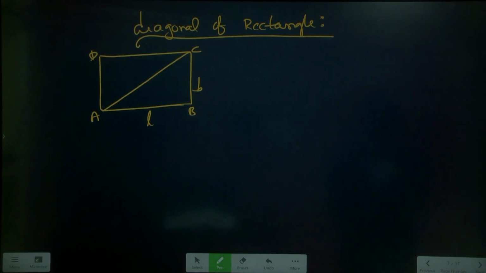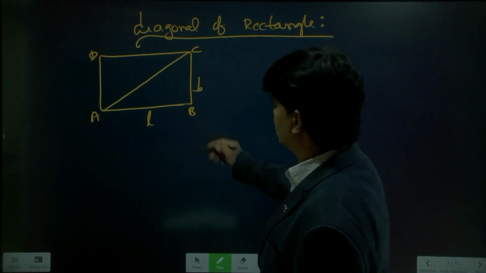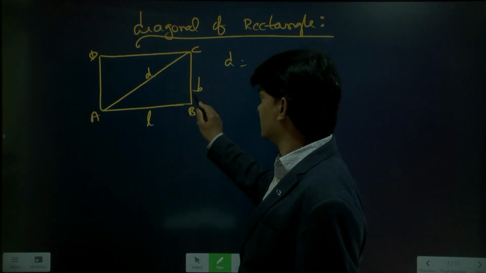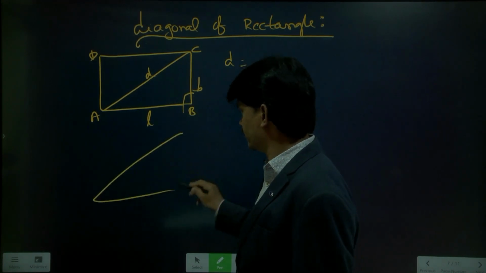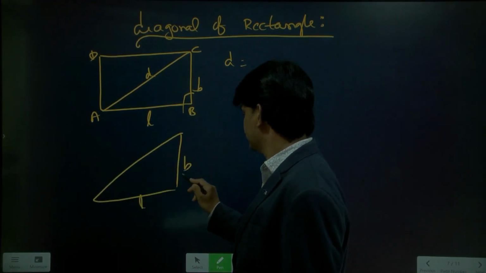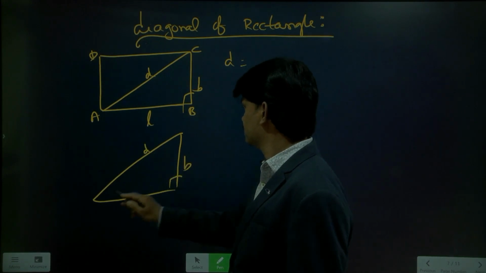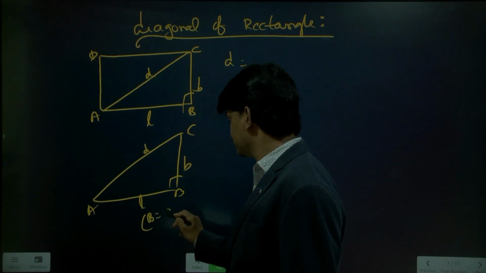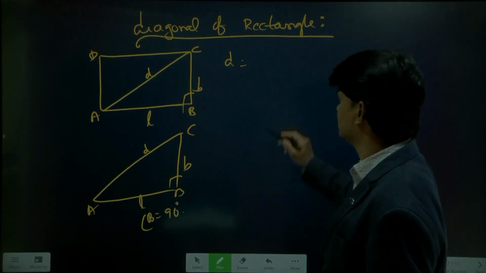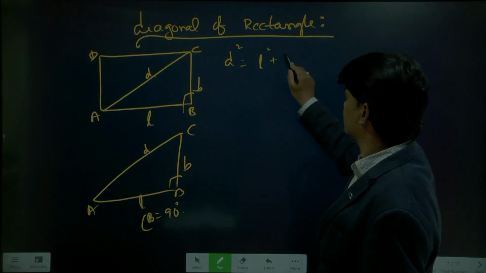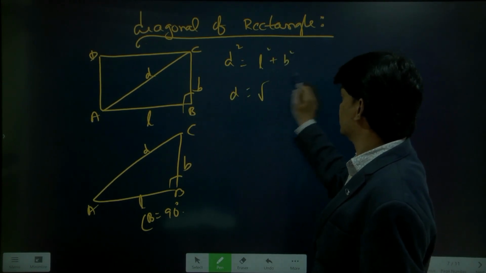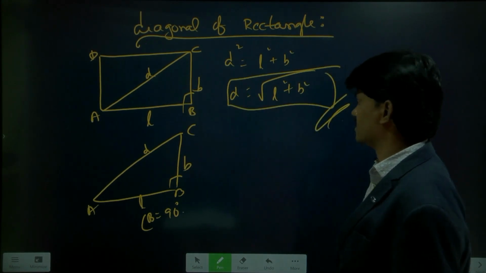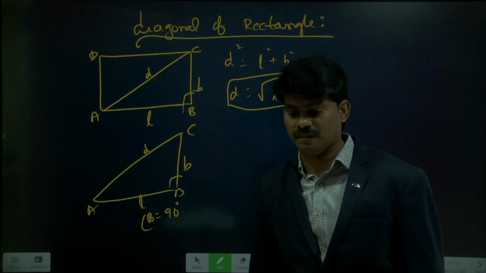Okay. So likewise, this is the diagonal as per the right angle triangle rule. So bring it out if you have any confusion. Angle B is equal to 90 degrees. Okay. D square is equal to L square plus B square. D is equal to the square root of L square plus B square. Okay. Please check it out.